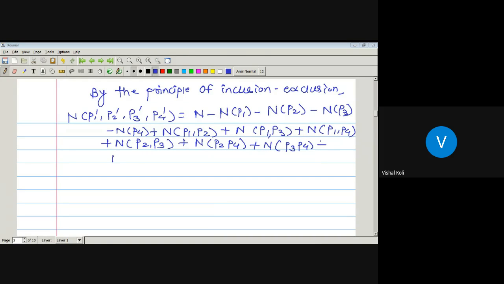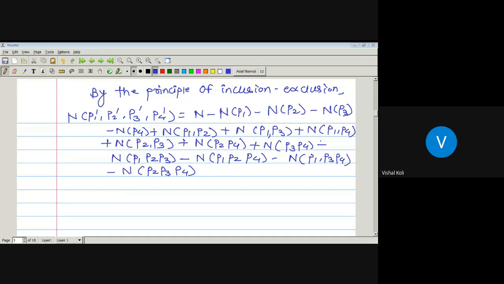minus n of P1 P2 P3 minus n of P1 P2 P4 minus n of P1 P3 P4 minus n of P2 P3 P4.